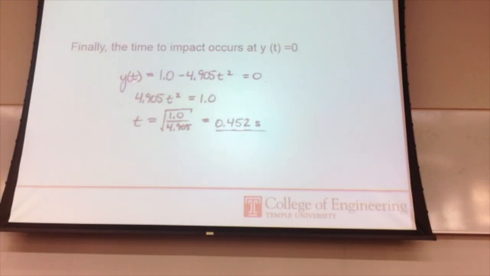So y of t is equal to 0. We plug that in and solve for t, and it's the square root of 1 over 4.905. It's plus 0.452 seconds. Mathematically, you could say minus 0.452 seconds, but that doesn't make any physical sense, even if it's mathematically correct.